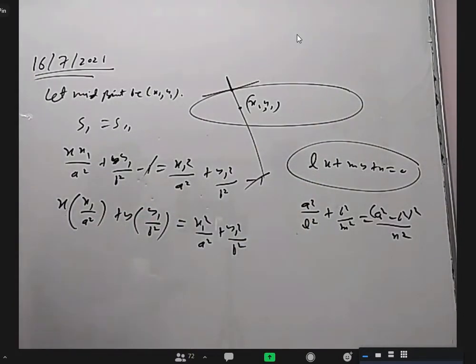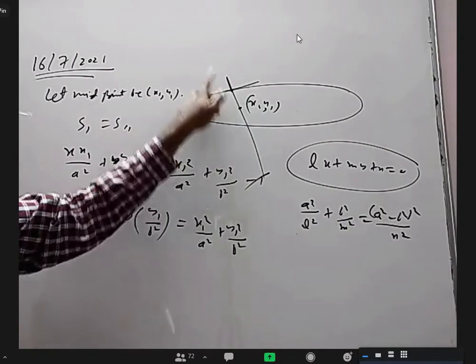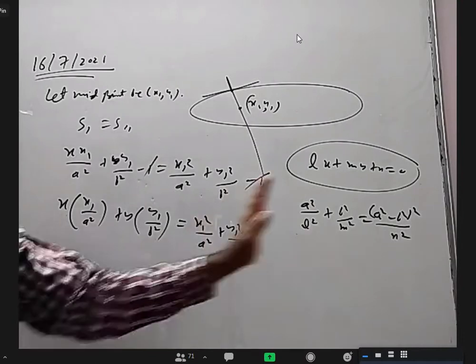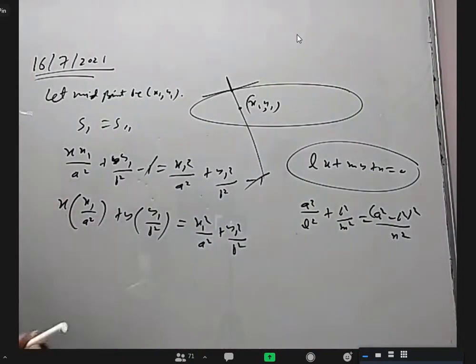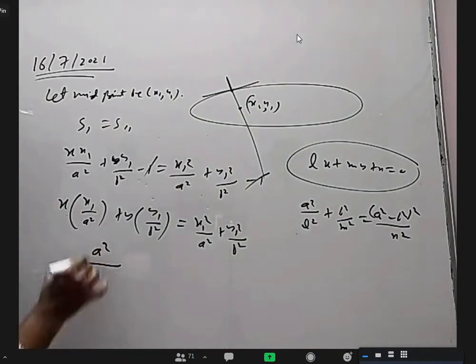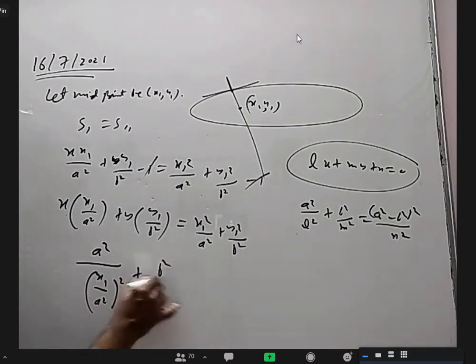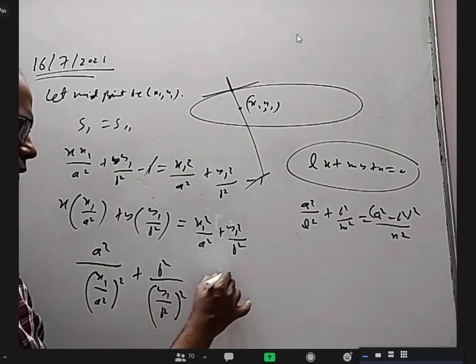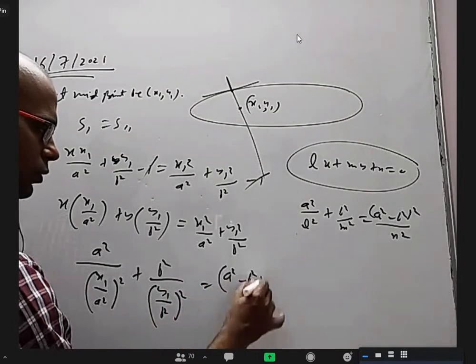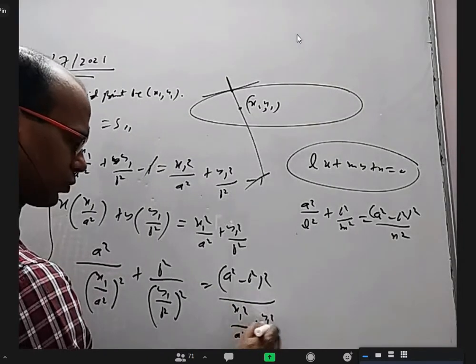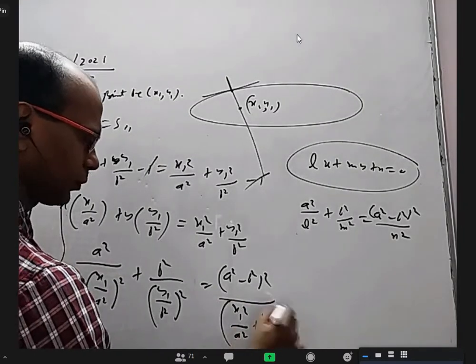Now you can substitute in this. What we are doing is very simple. We took the midpoint as x1, y1. The equation of the chord is S1 equal to S11. It is a line. For a line to be normal, this is the formula. So a square by x1 by a square whole square, b square by y1 by b square whole square equal to a square minus b square whole square by x1 square by a square plus y1 square by b square whole square.